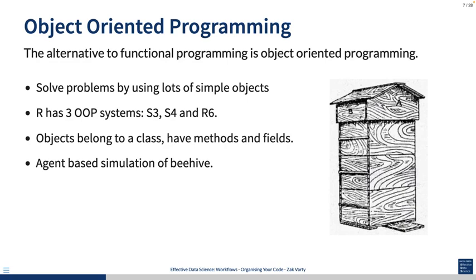As our script runs and our simulation progresses, methods are applied to each object as the bees move around the hive, collect pollen, and reproduce, and these methods alter the field values as well as potentially creating or destroying new objects, or bees. This is really different from the preservation mindset of functional programming, but hopefully you can see that it's a very natural approach to take in many types of problem.